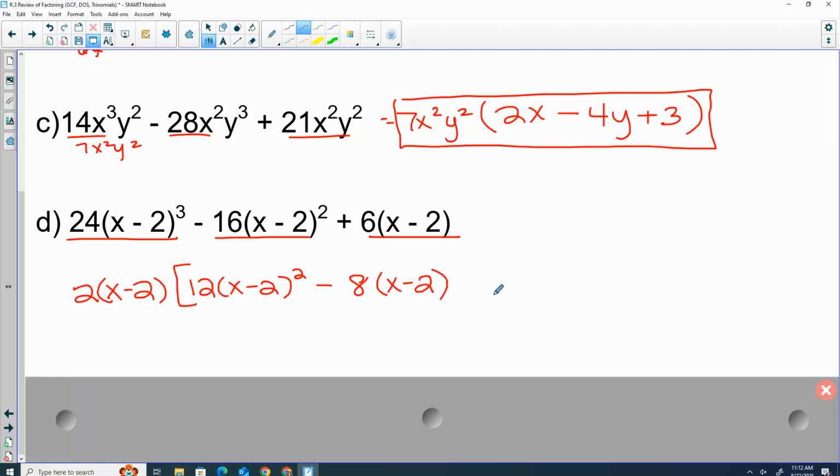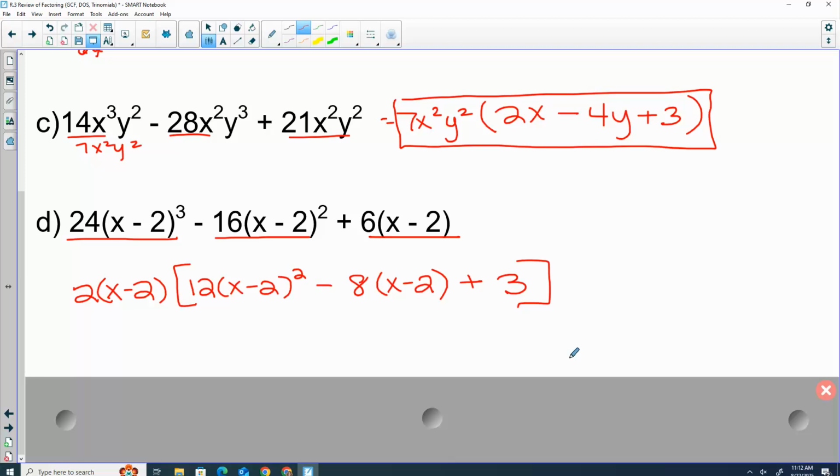I took out 1, so x minus 2. 6 divided by 2 is 3, and I took out that x minus 2. So sometimes it might be an entire parenthesis that you're factoring out, not just a coefficient or a variable.